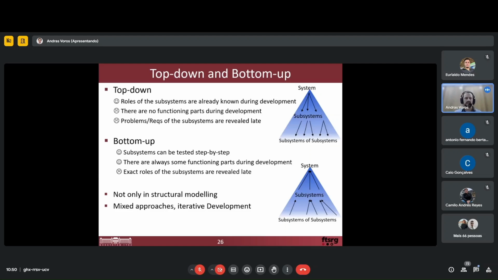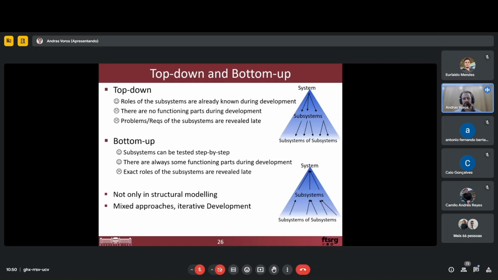Another important thing is that nowadays, when we use more and more off-the-shelf software components and software libraries, this bottom-up approach is appearing more and more also in software development. And also a very important thing is that we can combine them in an iterative manner.